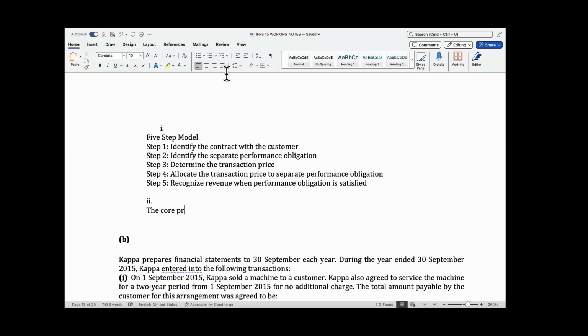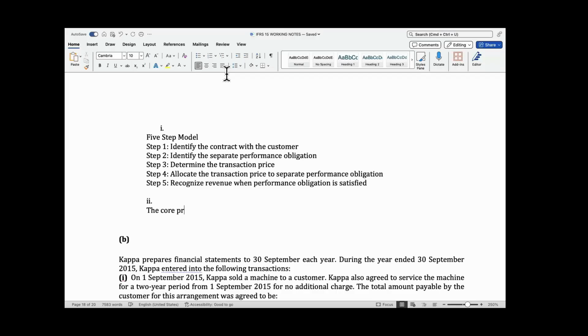I'm just thinking. I think it provides a way to recognize revenue in a way that aligns with how goods are transferred to customers. Okay, I think that's even better than saying matching concept.